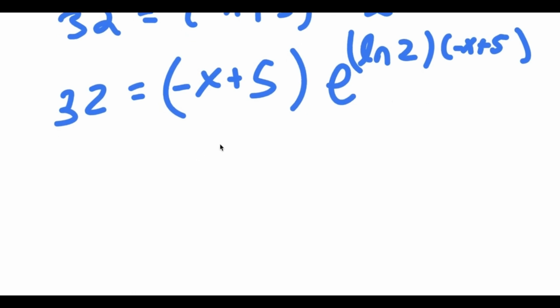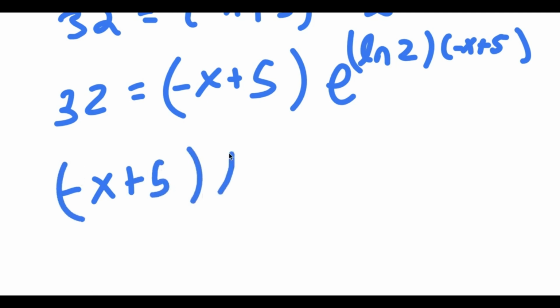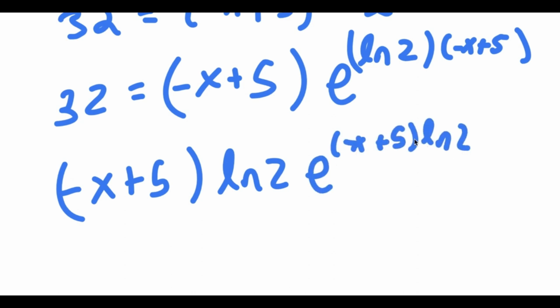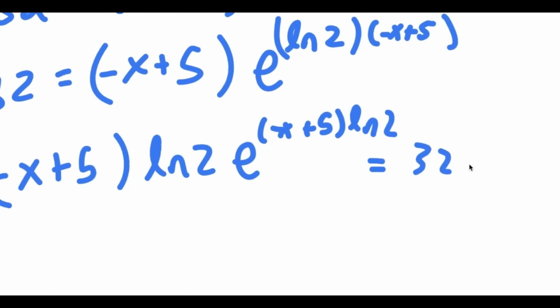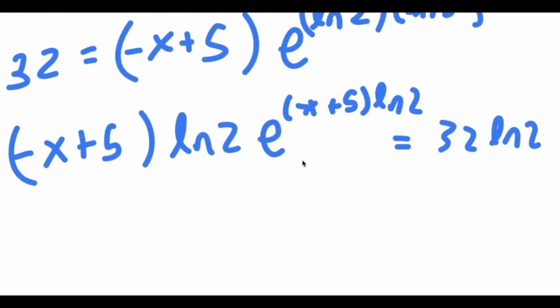And now it's the same thing as negative x plus 5 times ln 2 times e to the power of negative x plus 5 times ln 2 is equal to 32 times ln 2. So I just multiply both sides by ln 2.